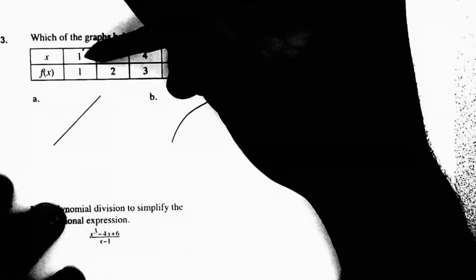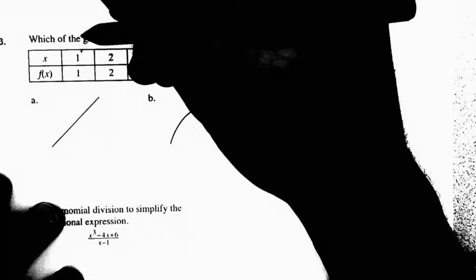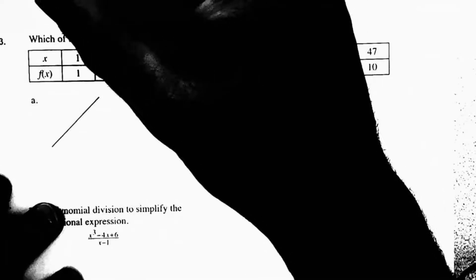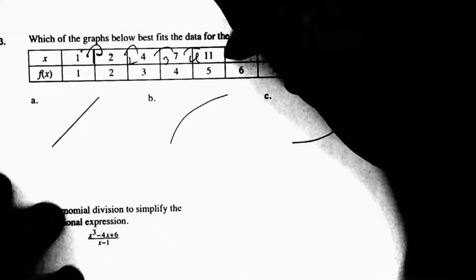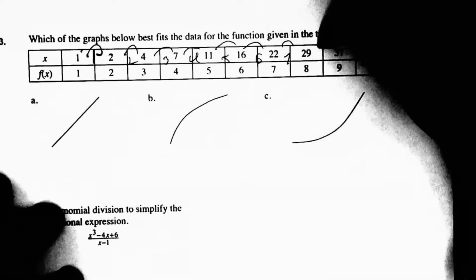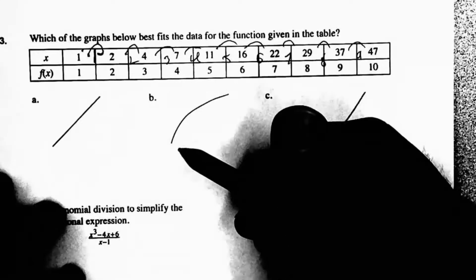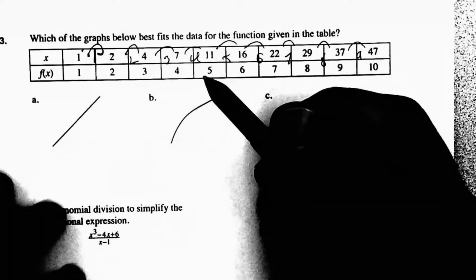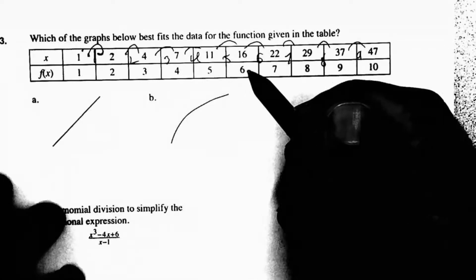Like if you look closely, I know that it looks like the output's increasing by 1 each time, but the x is increasing by, first it's 1, then it's 2, then it's 3, then it's 4, then it's 5, then it's 6, then it's 7, 8, 9, which means that the slope is actually getting shallower as we go along, because it takes more x's to go up 1 unit.